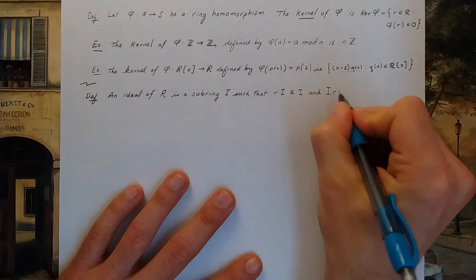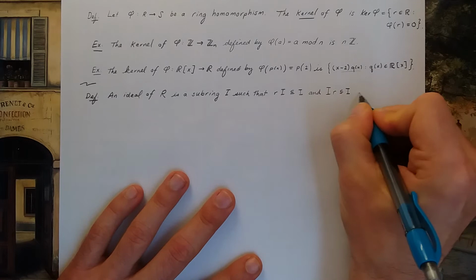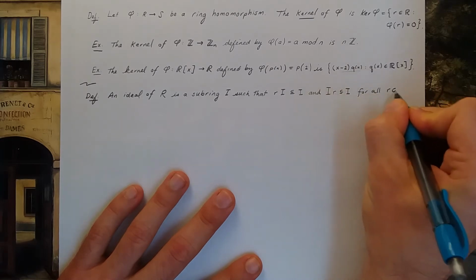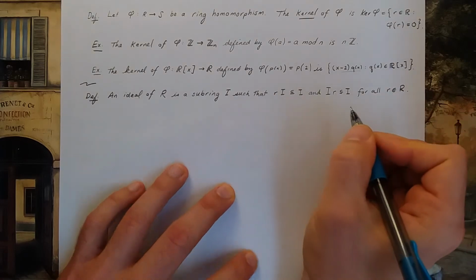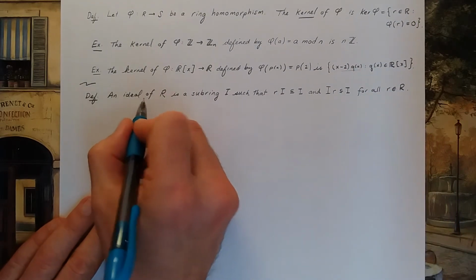I'm going to also demand that Ir is a subset of I, and this has to be true for all r in the ring. So this is the definition of an ideal.